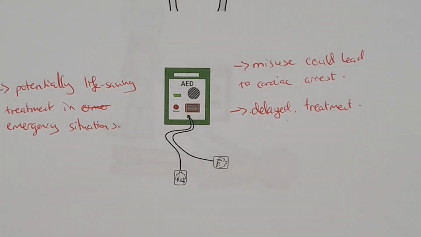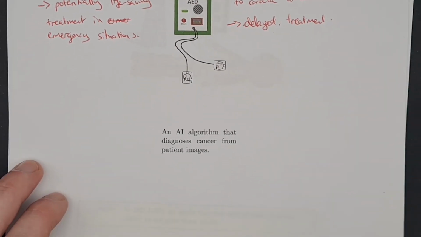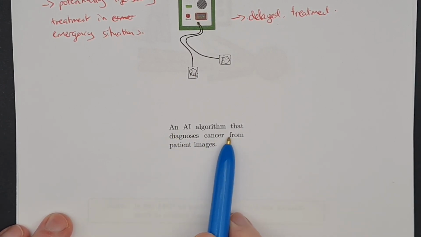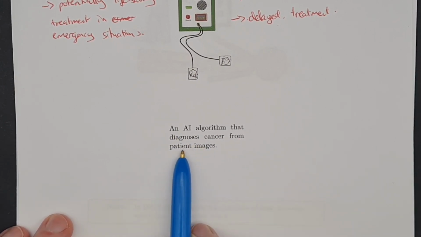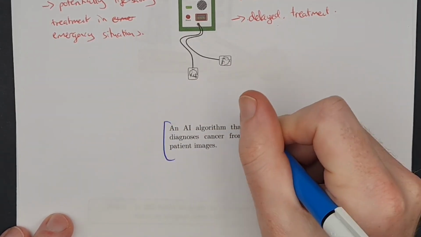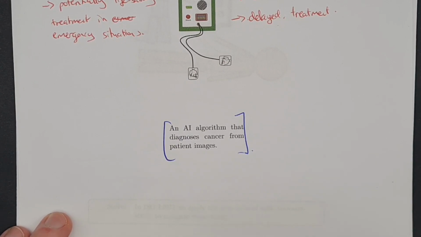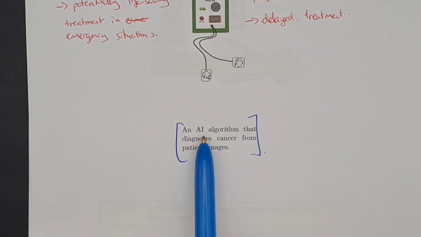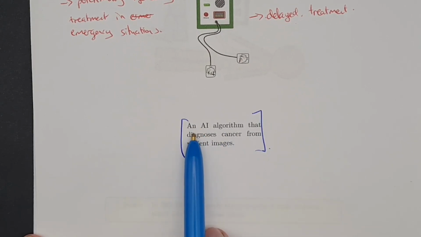The last one that we'll consider here is an AI algorithm that diagnoses cancer from some sort of patient images. This one is a little bit generic as we haven't specified what type of cancer or what type of imaging, but you can consider that there could be many different applications where such a technology exists or might exist in the future.